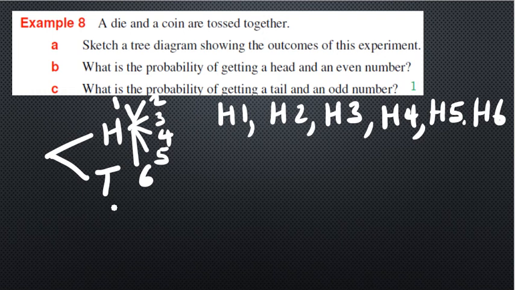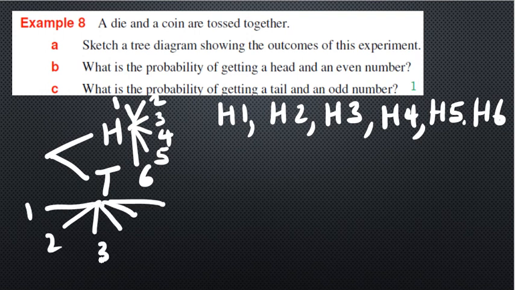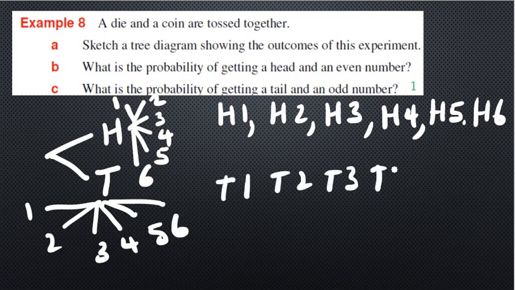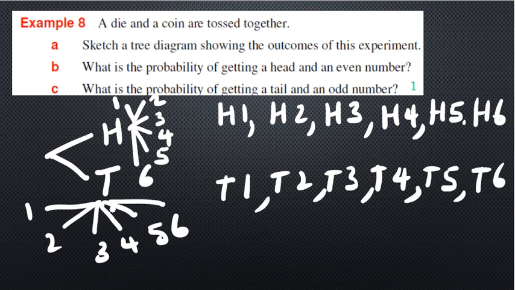In the same manner, the tail will combine with the 6 numbers: 1, 2, 3, 4, 5, 6. So tail 1, tail 2, tail 3, 4, 5, and 6. We can show it in a tree in this form.